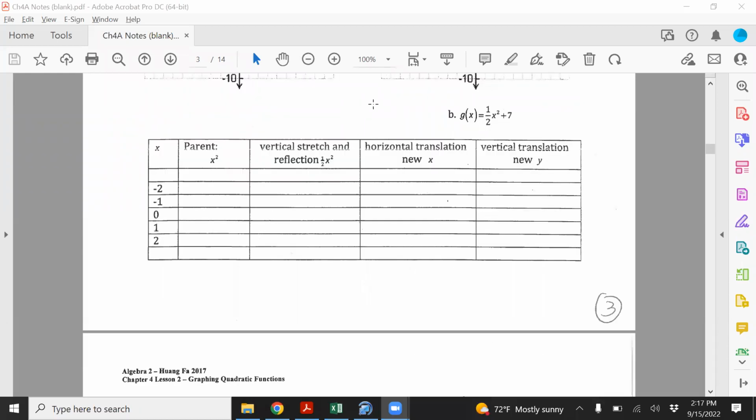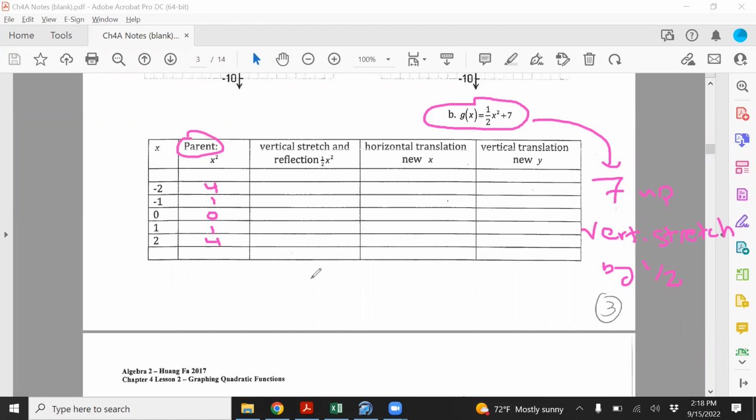Yeah, so lastly for this one, that's a V, by the way. So that's the parent.